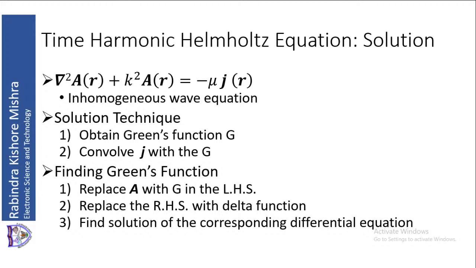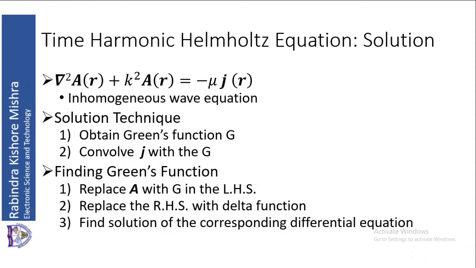If the right hand side is equal to 0, then we get a homogeneous equation, but the right hand side is not equal to 0, so that gives us an inhomogeneous equation. Now how to solve this equation? What can we do to solve this equation?